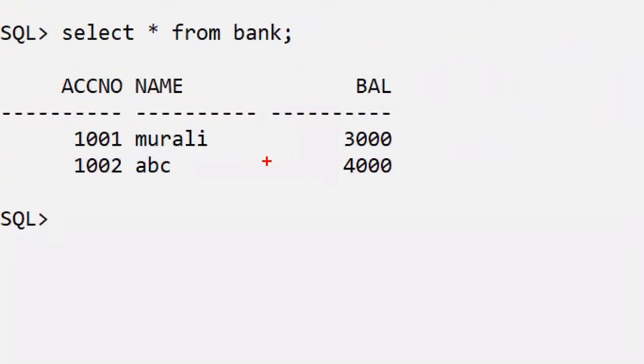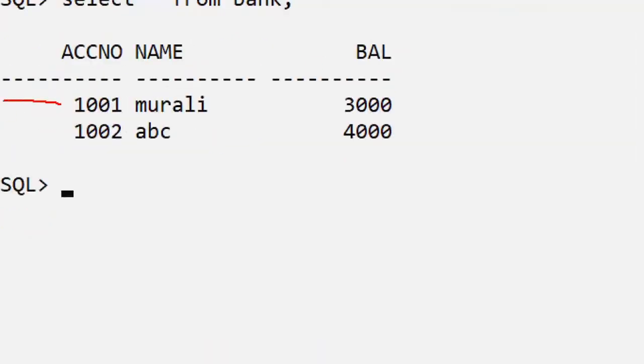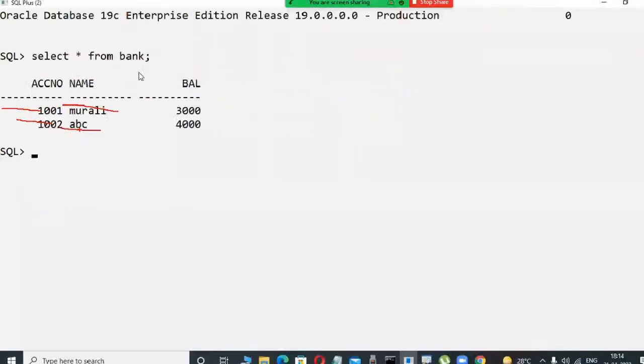In a table format only, we store the data. Suppose this is SBI bank, and this is the data. Observe here, these are columns: account number, name, and balance. These are called columns. Here 1001 and so on are called rows or data.